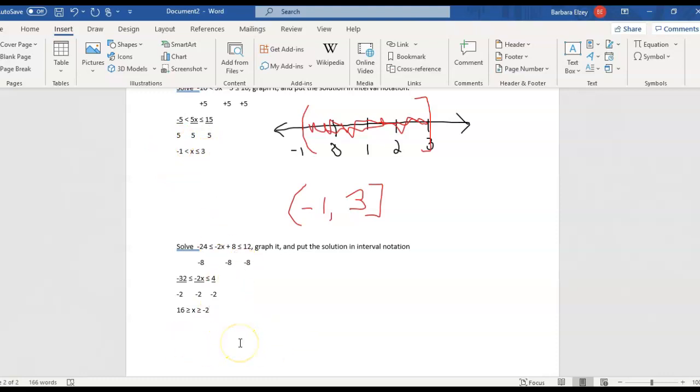Well, let's flip this around. To flip this around, let's put the negative 2 on the left and the 16 on the right. Our x is still in the middle, but notice that the inequality points at the negative 2. So when we put an inequality right here, we want it to point at the negative 2.